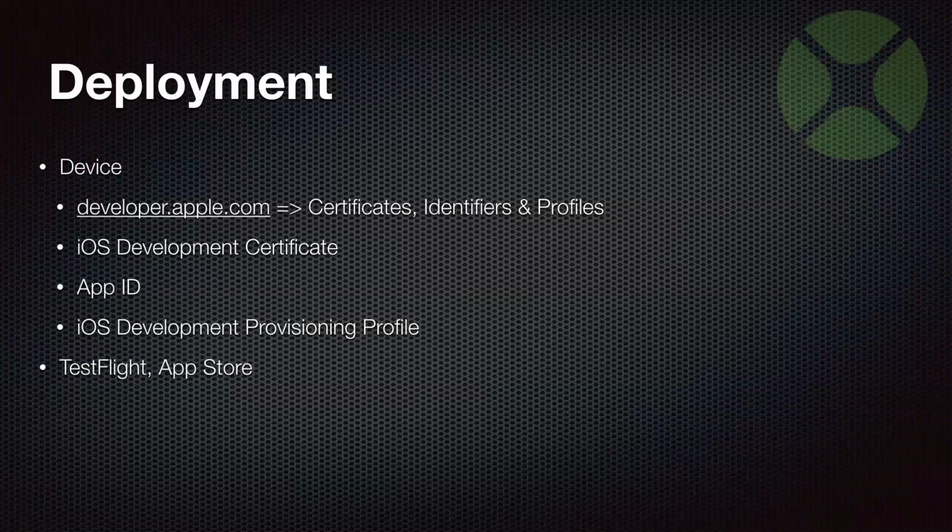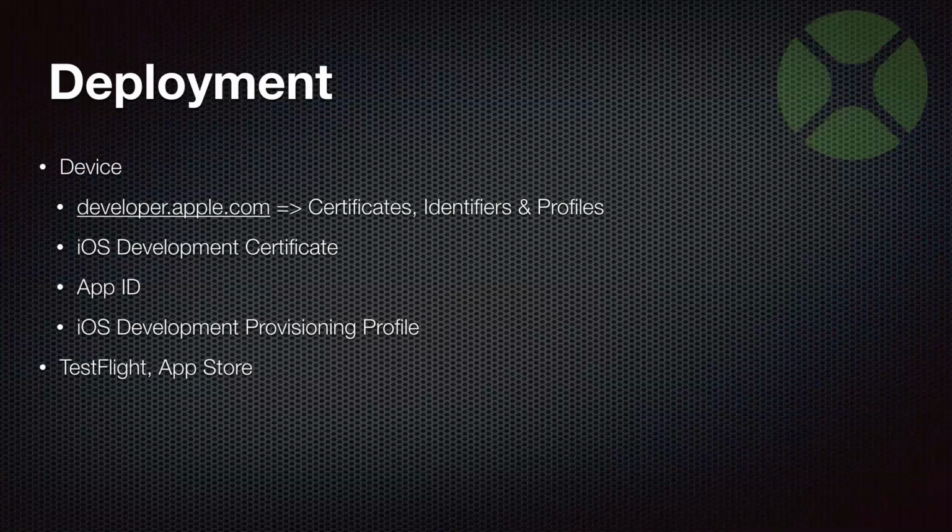Also in here is the step where you actually have to add your devices. So you'll need to get the IDs of the devices and add them in there as well so that information is included in the provisioning profile. And like I said, nothing super complicated, but there's a lot of steps and it can be a little tedious. But you only have to do these things once per app. You don't have to do it every time.